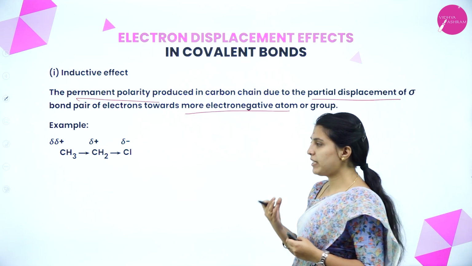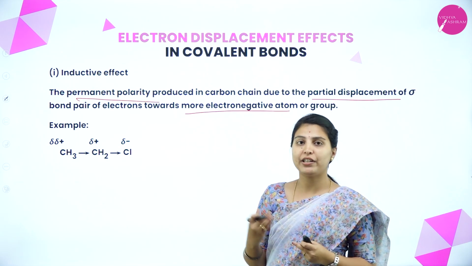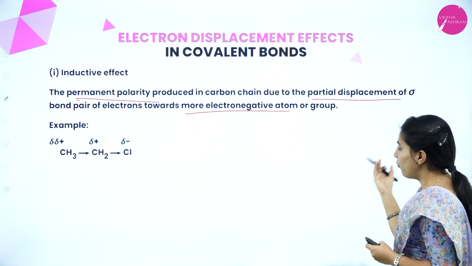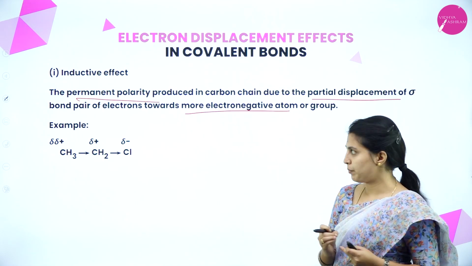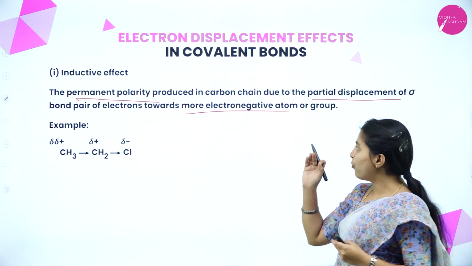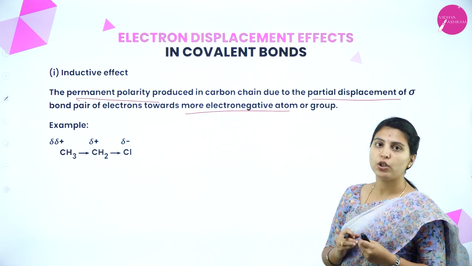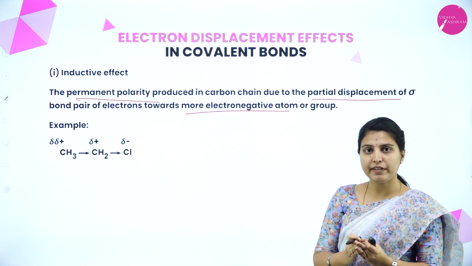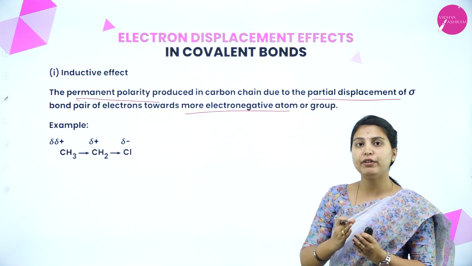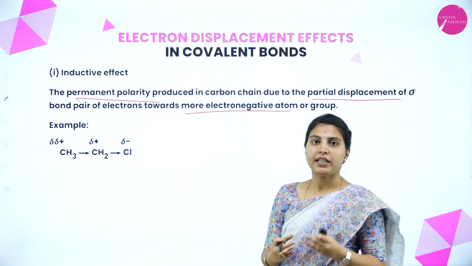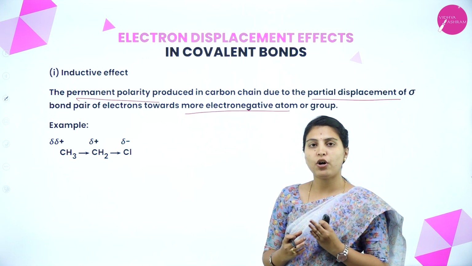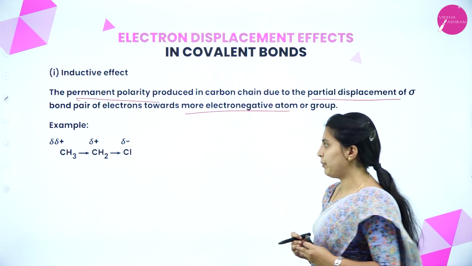Whatever the partial displacement of sigma bond pair will take place, it will be towards the more electronegative atom or group. Whatever the charge separation will take place inside the carbon chain, it will be going towards the more electronegative atom. That's why the partial displacement of sigma bond pair will take place.